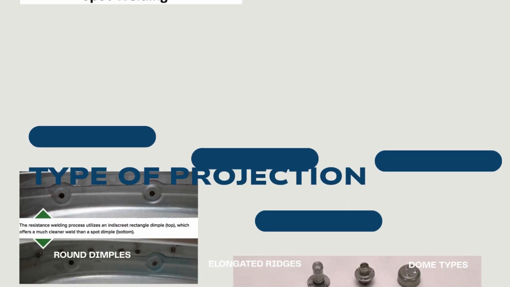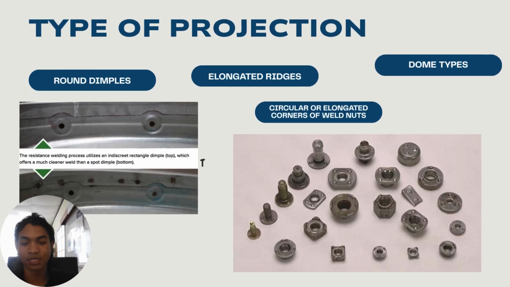Okay, for the types of projection, we have some types, which here you can see: first, round dimples, and second, elongated ridges, circular or elongated corners, and domes type.